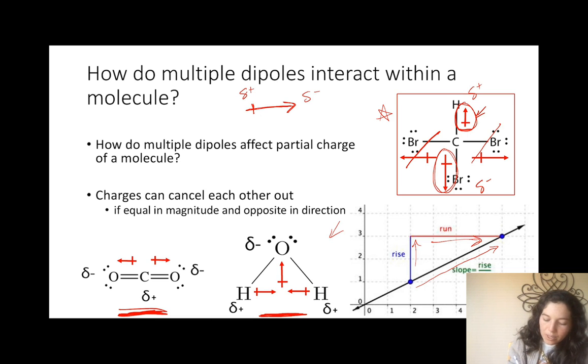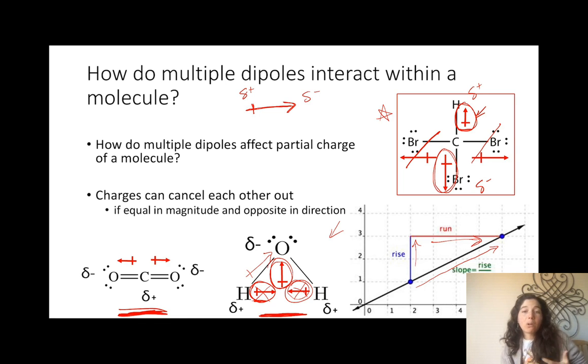So in water in particular, you can see that this bond dipole that is at an angle has two components. It's got its horizontal component and its vertical component. And so the horizontal components, these cancel each other out, meaning that the main pull here is upwards towards the oxygen because the hydrogens are equal, opposite directions, so they cancel each other out.